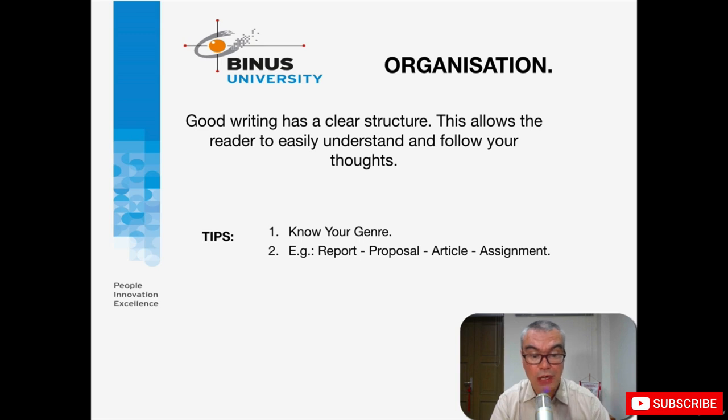So possible genres might be a report, a proposal, an article, or maybe an assignment, or maybe an essay, something like that. What you need to do is identify the various sections or ideas within your report, your proposal, or assignment, whatever it is. Be very clear, think exactly about what they are.